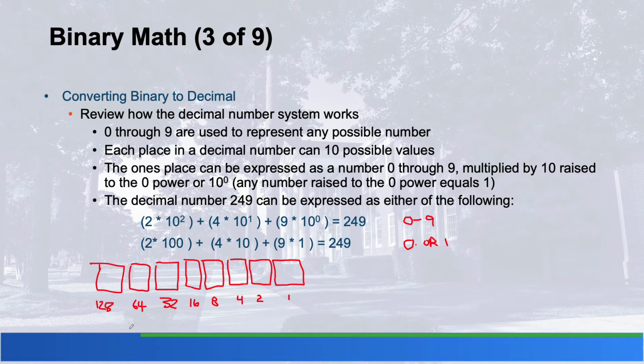I'm going to go ahead and write a binary value in these boxes here, and we'll convert it very quickly. All right. So we have a binary number of 0, 0, 0, 1, 0, 1, 1, 0.